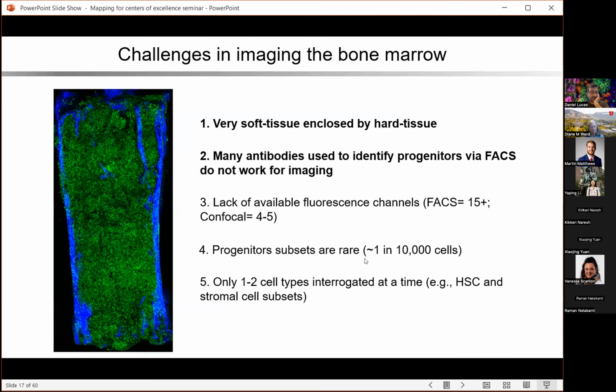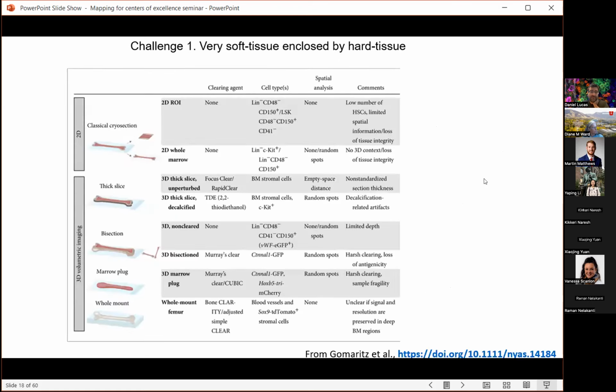The reason that we like it is because when you butterfly the bone, you don't need fixation, you don't need any manipulation, so many of the epitopes are preserved. And this partially solves the problem that many antibodies used to identify progenitors by FACS don't work for imaging, because you preserve the epitopes that are available by not fixing or perfusing the bone.